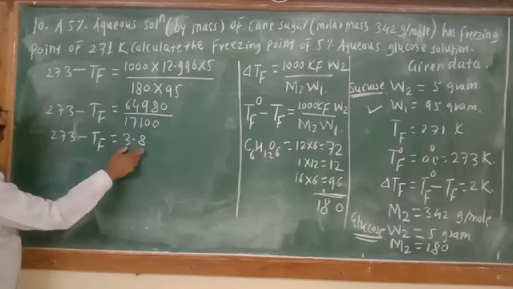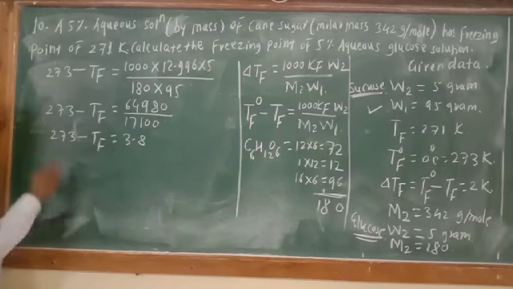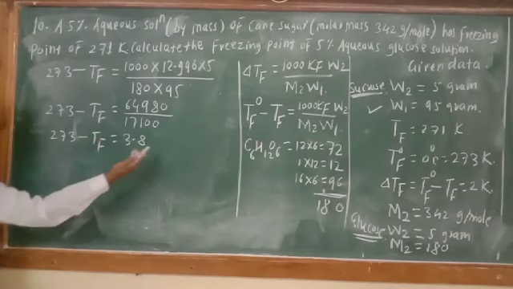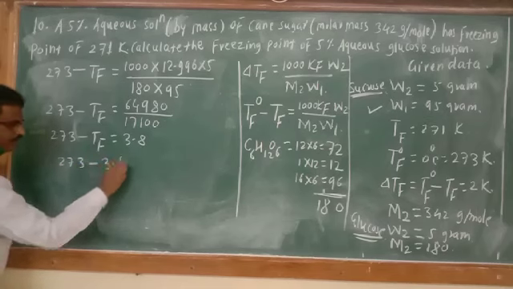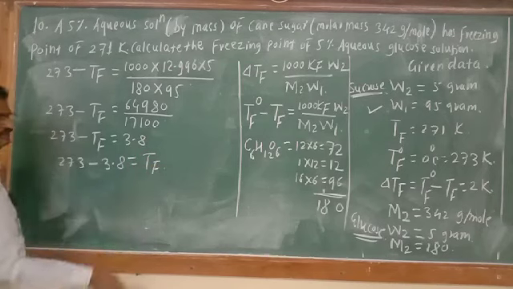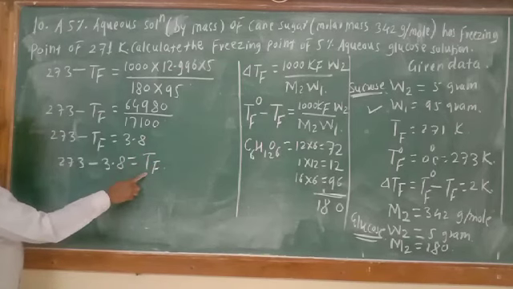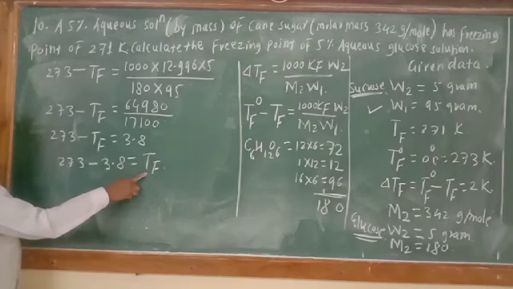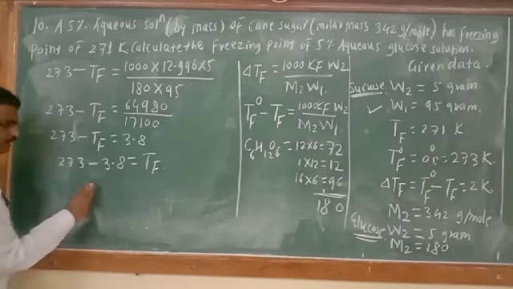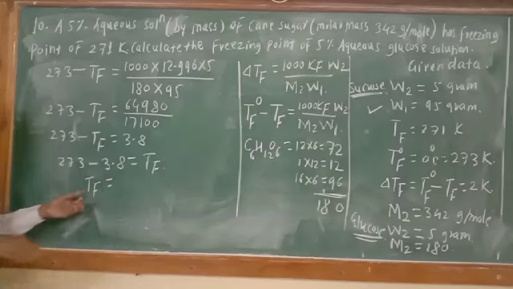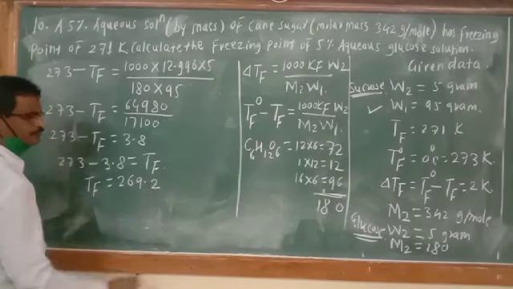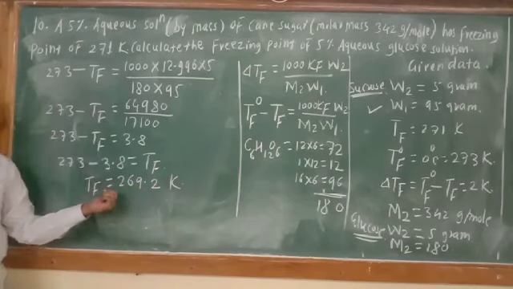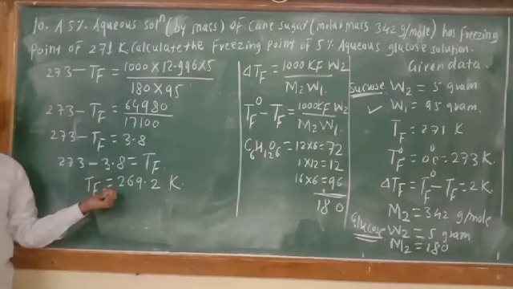You will get this answer, 3.8. And from that, Tf can be calculated. Tf taken on the right side, 3.8 on the left side. So 273 minus 3.8 is equal to Tf, that is the freezing point of the 5% aqueous glucose solution. Now, for the glucose solution we have calculated, and that answer we are getting equal to 269.2 Kelvin. This is the freezing point of the 5% aqueous solution of glucose.